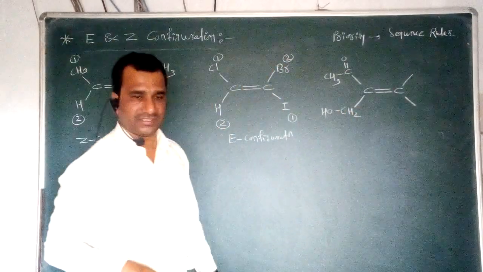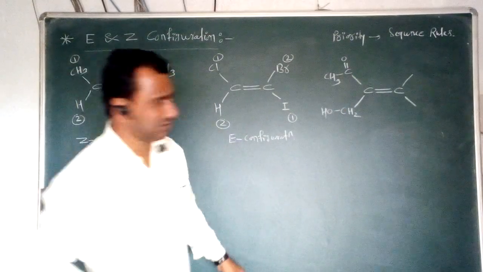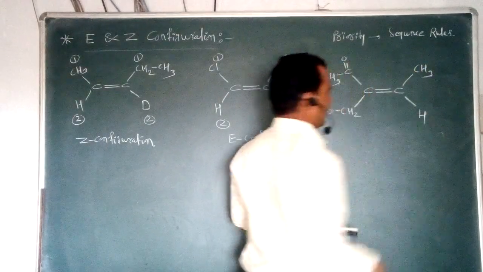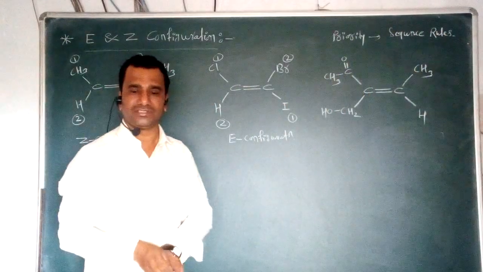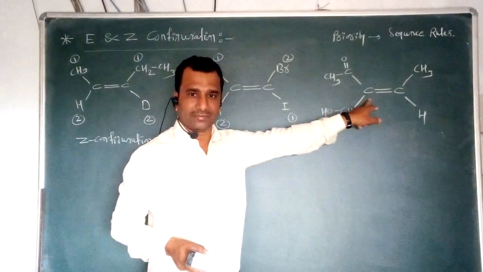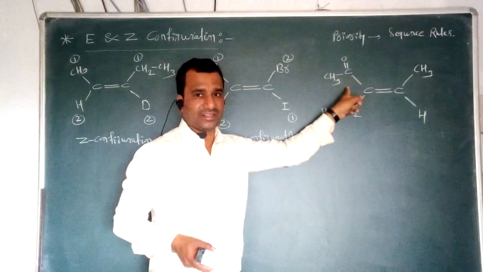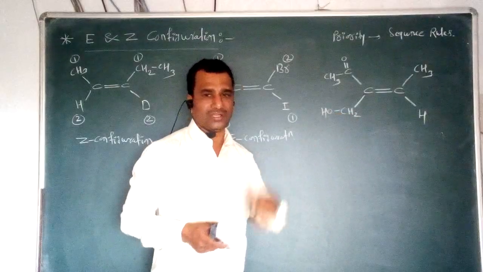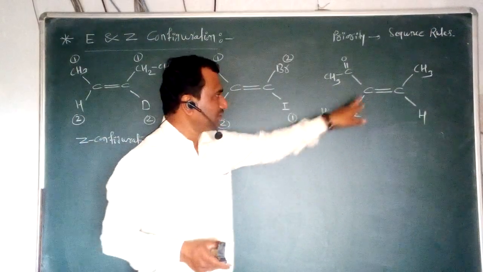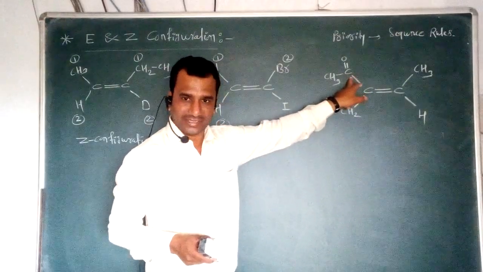So first is the COCH3, the second group is a CH2OH, the next group is your CH3, and the next is your hydrogen. If this type of molecule is there, again we have to assign the priority. As far as the first olefinic carbon is concerned, the first group is COCH3 and the second group is CH2OH. Now if we compare the priority atom by atom, to this carbon a carbon is attached, and in this case also a carbon is directly attached.